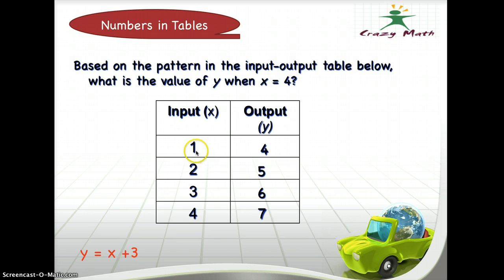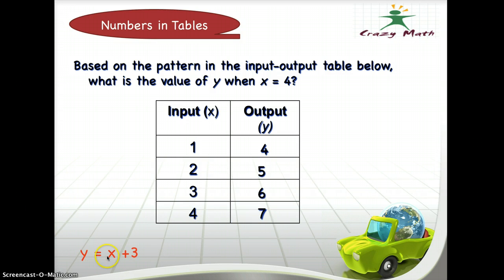If we follow the rule, 1 times 1 is 1, plus 3 is 4. That's correct. 2 times 1 is 2, plus 3 is 5. 3 times 1 is 3, plus 3 is 6. 4 times 1 is 4, plus 3 is 7.